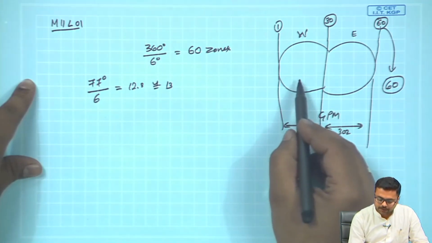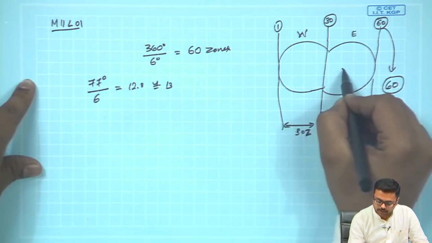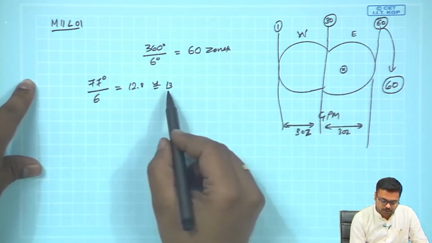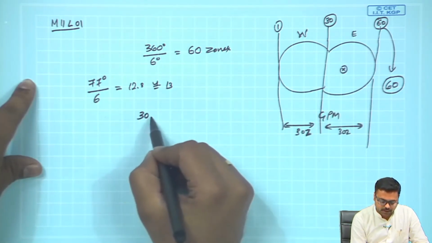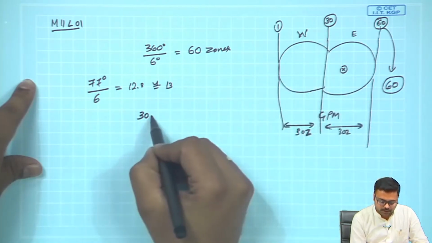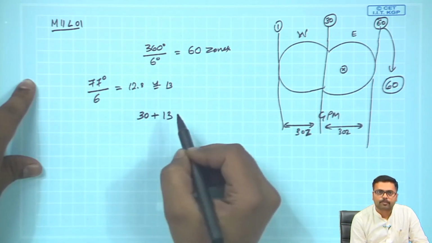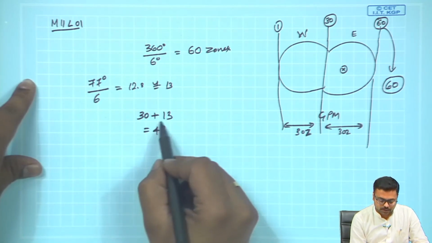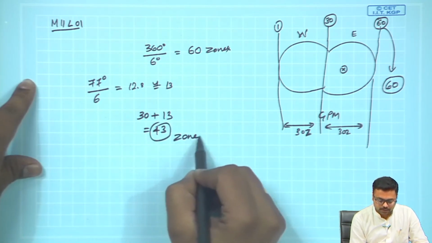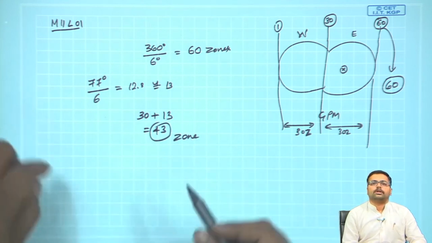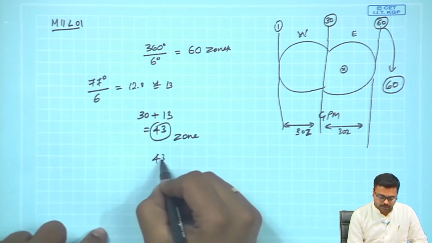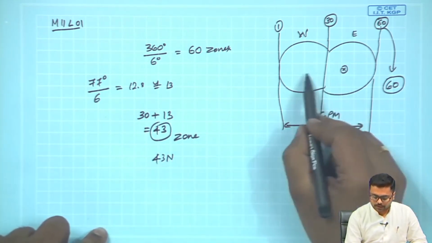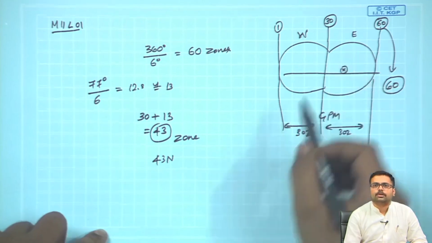Since we already have 30 zones onto the west, Bangalore is somewhere here. So, you just need to add 30 zones till the Greenwich prime meridian plus 13. Okay. This is nothing but 43. So, this is the UTM zone of Bangalore, that is 43 north. North because we are at the northern hemisphere from the equator.